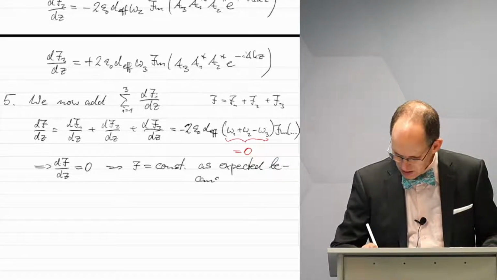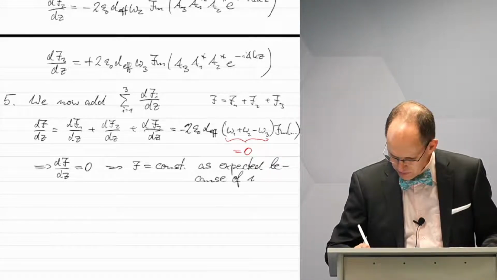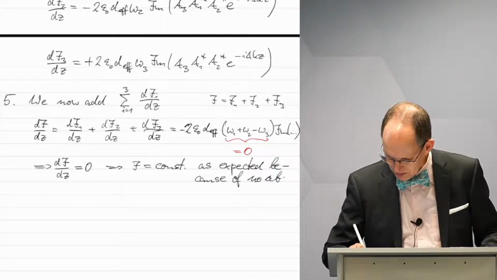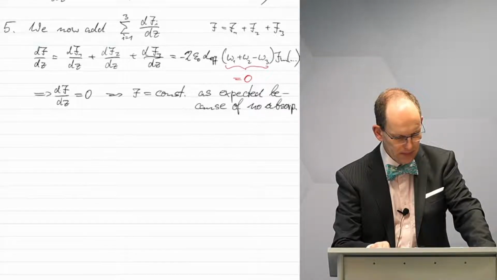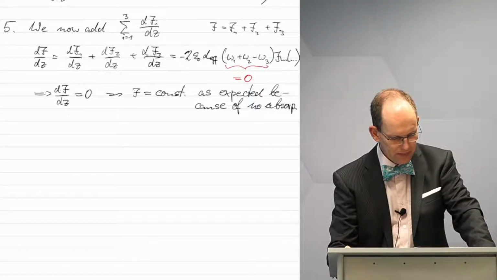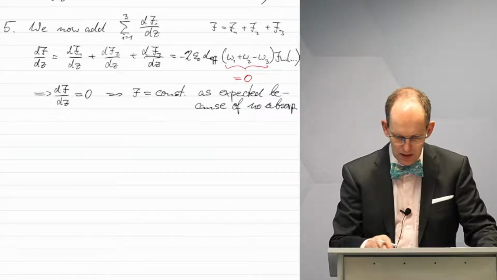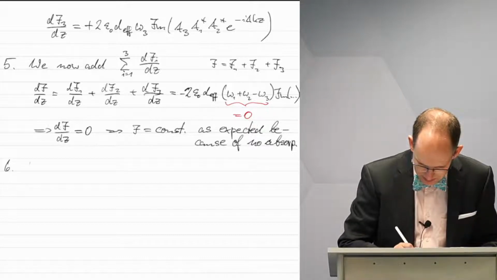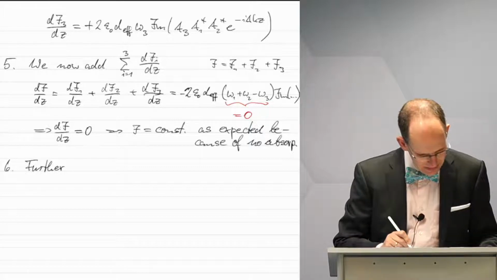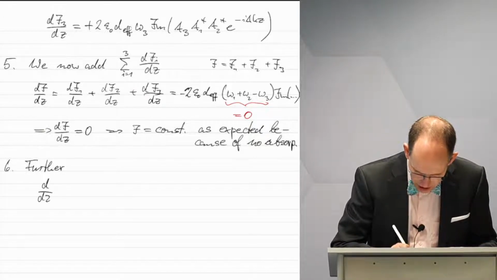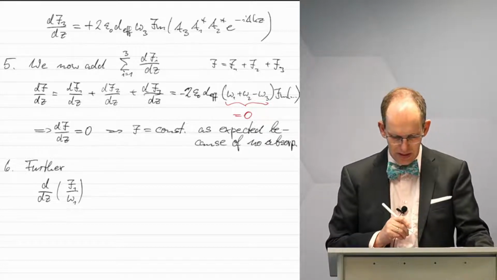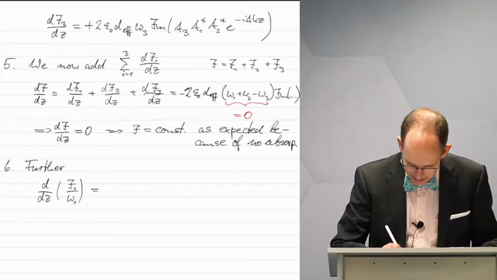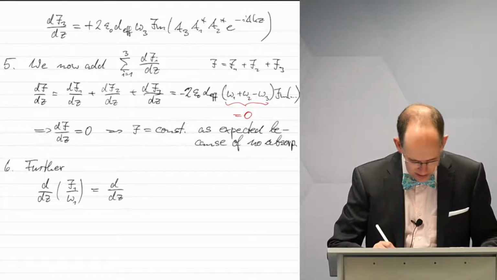Because there's no absorption. So what we could further say is actually that the change of the intensity, if we divide the intensity through omega, yeah, intensity 1 through omega 1, then we find that all these changes are equal.